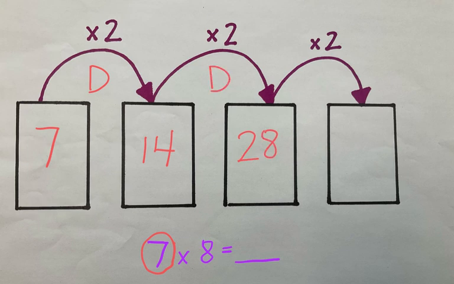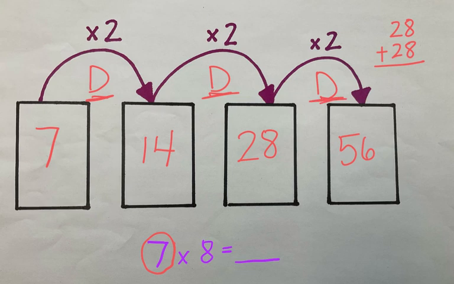That's the second double. And then 28 doubled is 56. If you can't do that part in your head, then you could come over to the side and add 28 plus 28. So I have double, double, double. So 7 times 8 is 56.